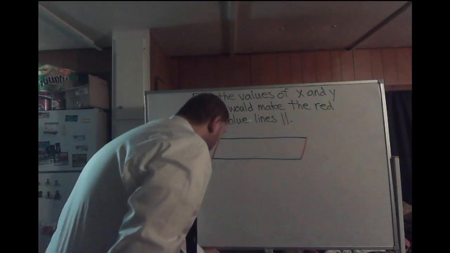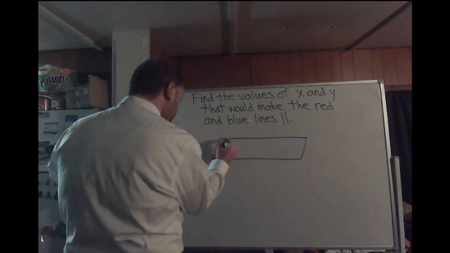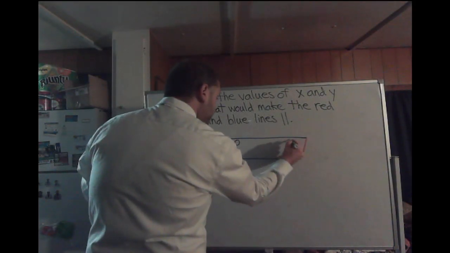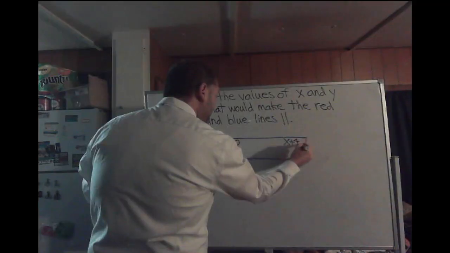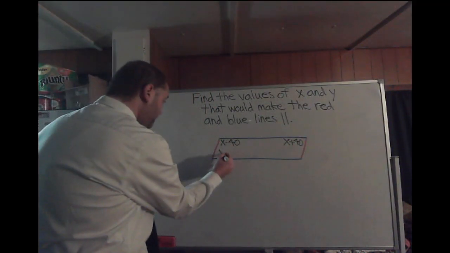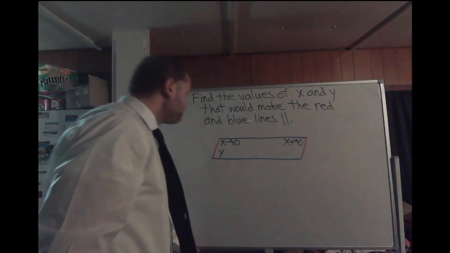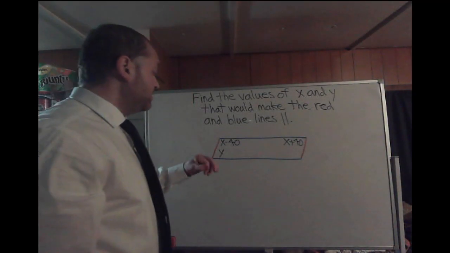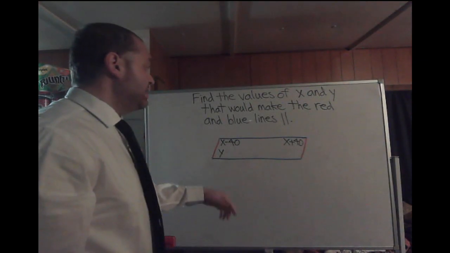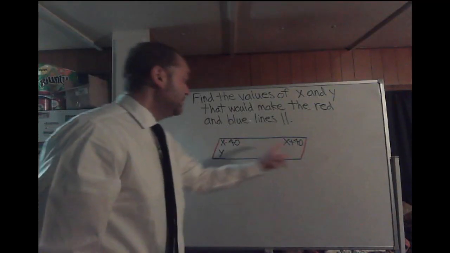Alright, so let's set this up here. So, we need to find the values of x and y that would make the blue line parallel to the blue line and the red line parallel to the red line.